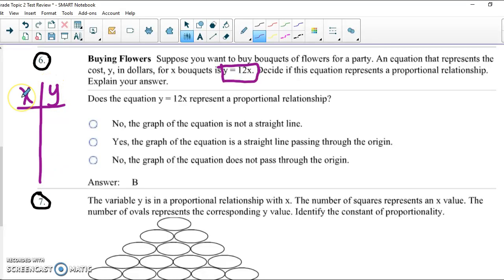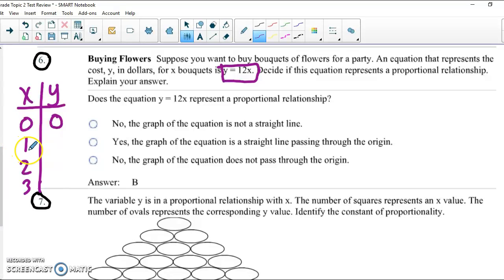I'm going to make my xy table, and I will pick just a few points to check in my equation. If I've chosen an x value of 0, I put that in my equation for x. 12 times 0 is 0, which is good news because now I know that this does go through the origin. So far it's proportional.